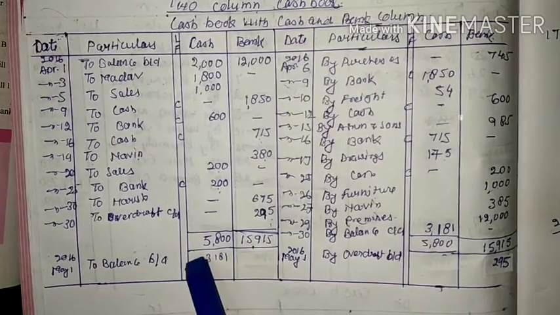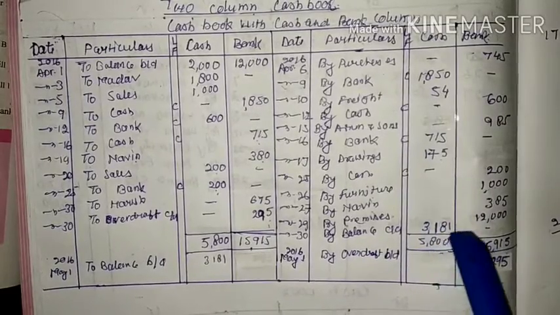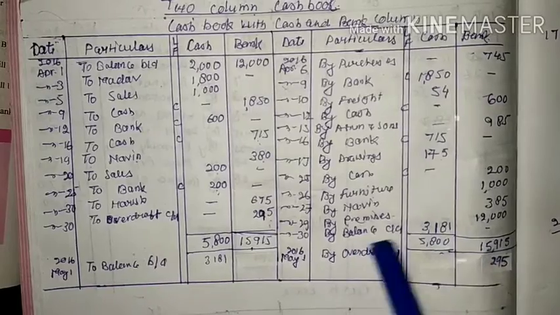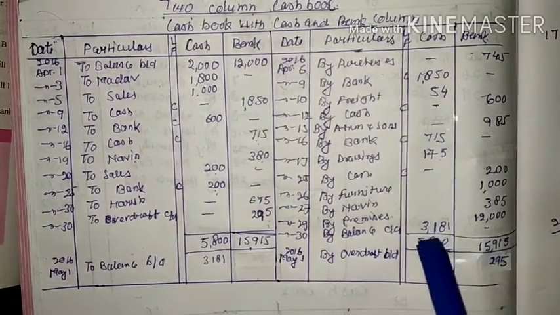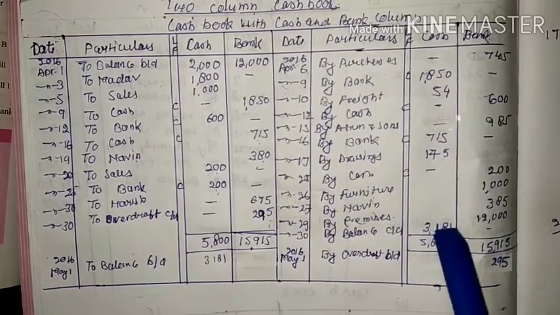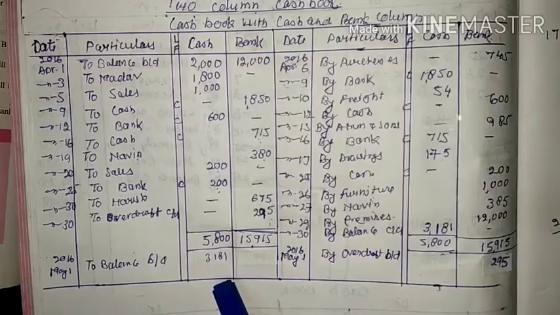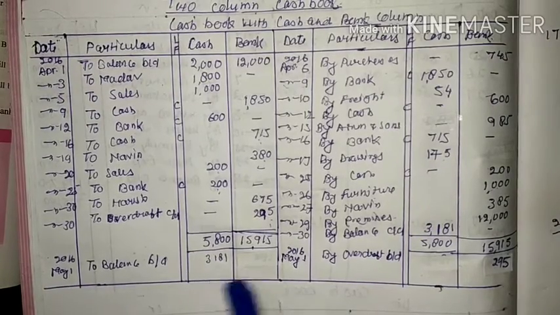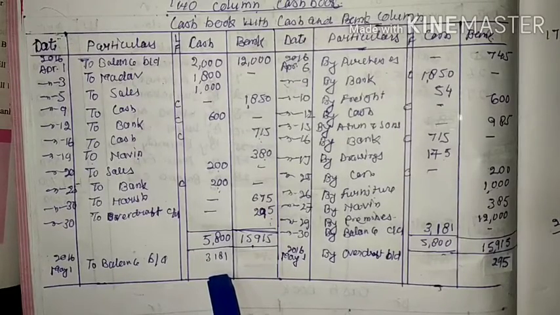Out of that we spent this much money, so at last this money is left: 3,181. This is the closing balance of this month, April. This balance we will take here next month, on May 1st, 1,081.